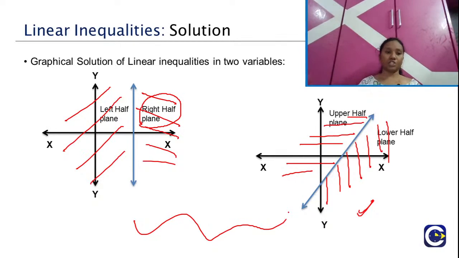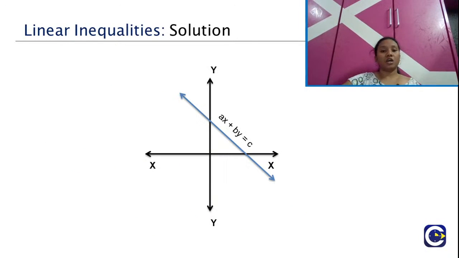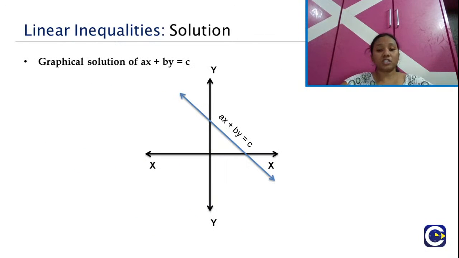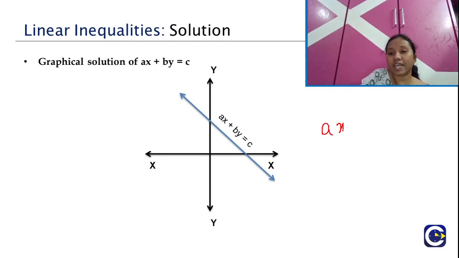These are the things we should keep in mind before getting into the solutions of our linear inequalities from a graphical point of view. So here comes our first graphical solution. As I mentioned, before getting into the inequality solution, we first talk about the equality. This is my equation, ax plus by is equal to c.